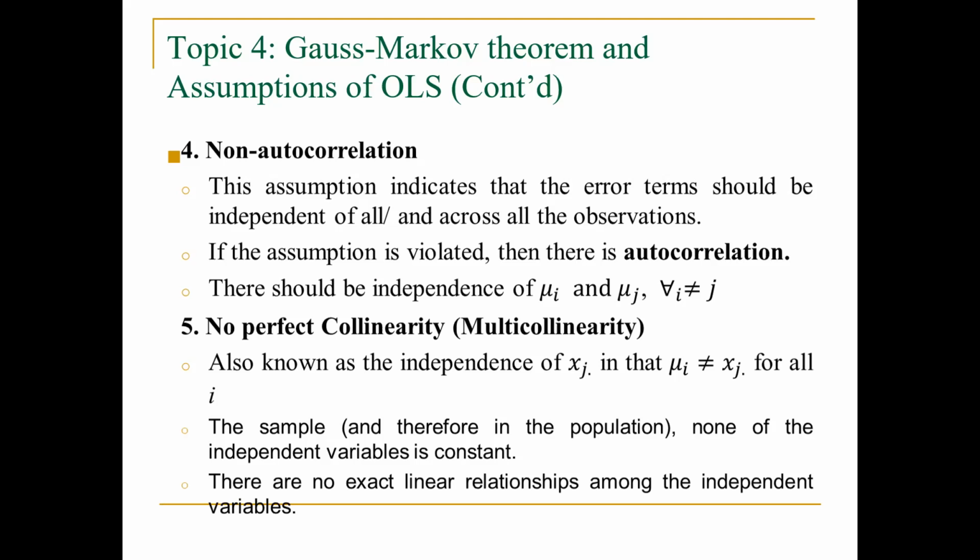The fifth assumption is what we call no perfect collinearity, what we call multicollinearity. I remember explaining this term in the last lesson. We are saying that this is also known as the independence of xj. So it means that our x1, for example, if x1 is the fertilizer, x2 is the herbicide, x3 is maybe another variable.